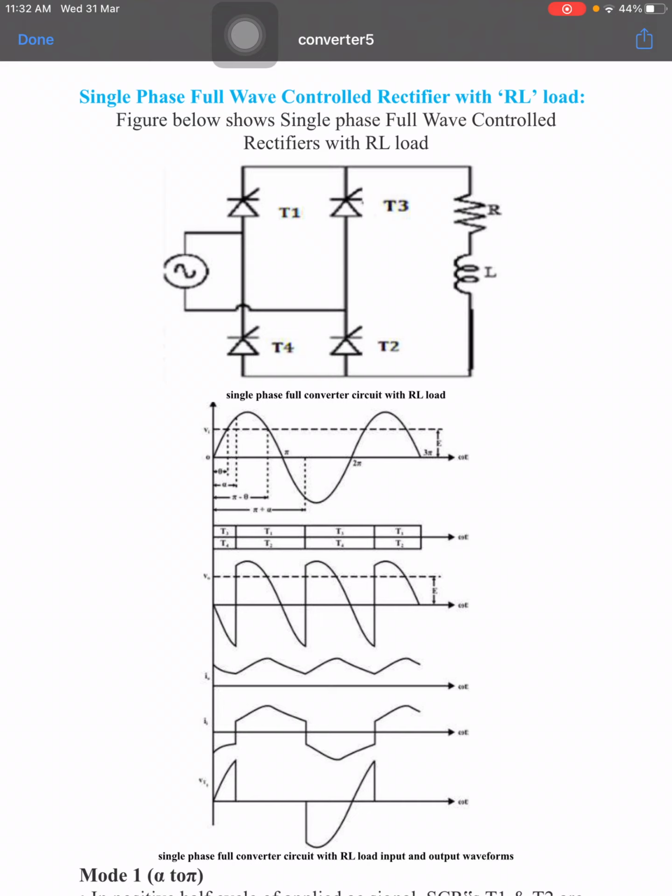What is the mode 3 operation? Mode 3 operation will be done at pi plus alpha to 2 pi. In this range, which thyristors are turned on, and which are turned off?